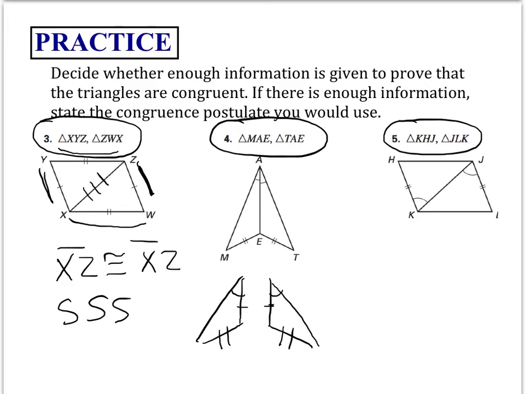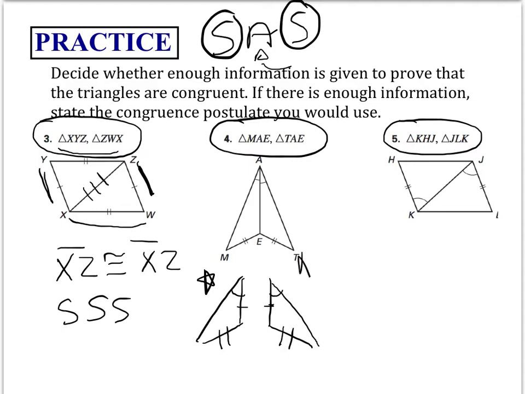Remember the definition for side, angle, side. You can think about it this way. The angle needs to be in between the two sides. So, if the angle isn't between the two sides that are congruent, it won't work. And if we look at our image down here, we can see the angle is outside of the two sides.